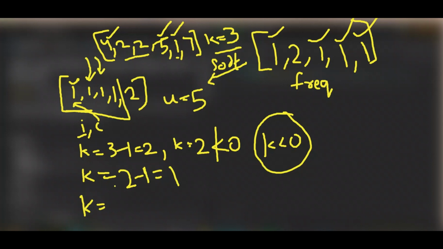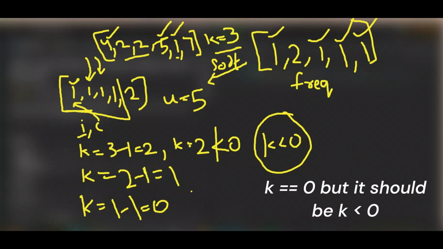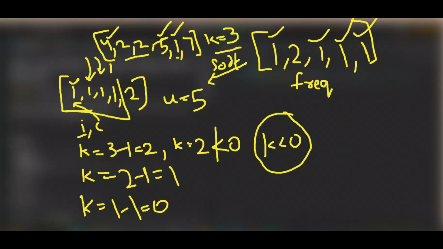C will be 1 here, so k will be 1 minus 1, which equals 0. Let's check the given condition. Now k equals 0, but it's not less than 0, right? So we'll move to the next element. Let's say what if this element is 2 here, then k will be -1, and in this case we can check whether the condition is met.